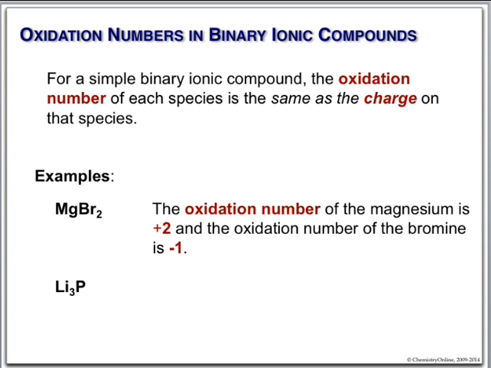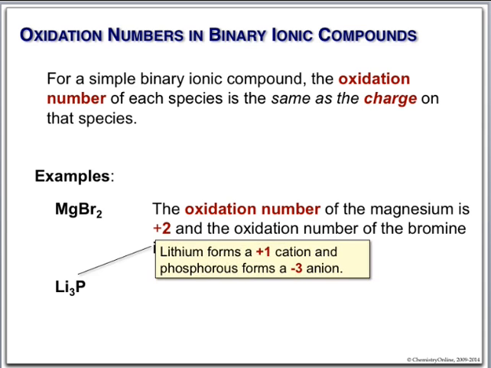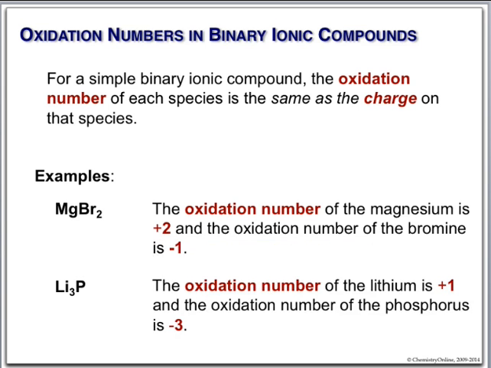Phosphorus is -3. We could say this in terms of oxidation numbers simply by saying oxidation number of lithium is +1, oxidation number of phosphorus is -3. So it's the same sort of concept that you already know. It's just got a different name to it. Any questions?